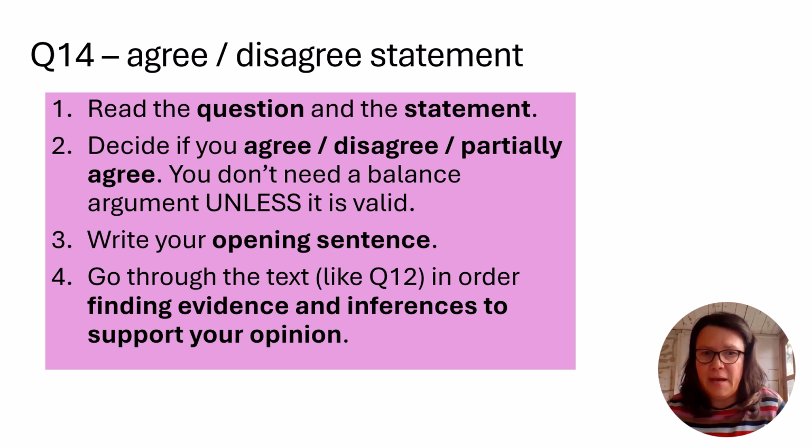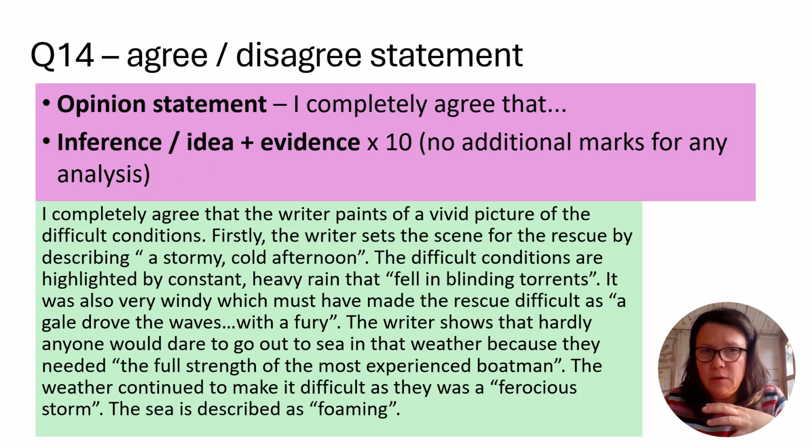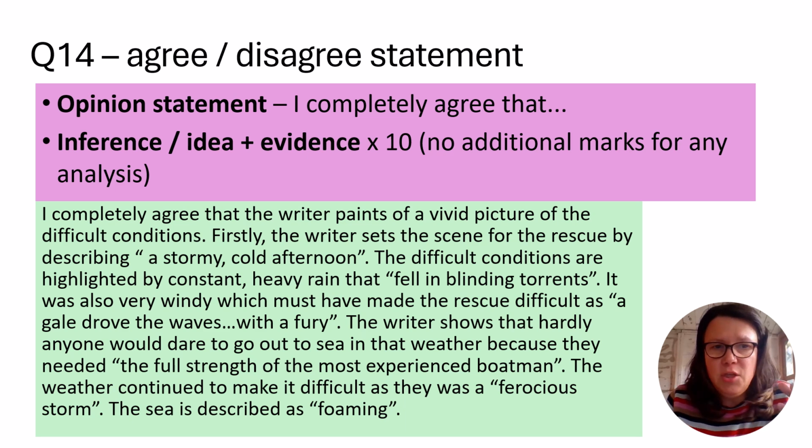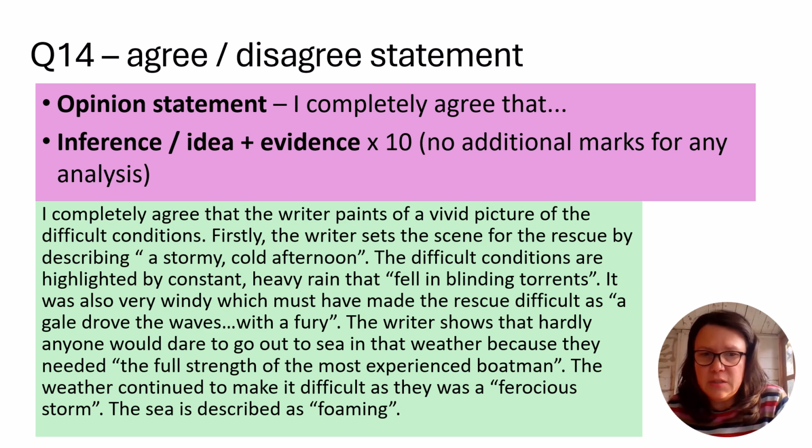There's no faffing about with deeper meanings like you have on paper 1. So you've got your agree or disagree statement, then you've got your 10 pieces of evidence with your little inference, and I'm going to read you this one because I'm going to show you how the marks are picked up in a minute. So I completely agree that the writer paints a vivid picture of the difficult conditions. That you need your agree or disagree statement, you need it 1 time, it's not getting you any marks, but it has to be there.